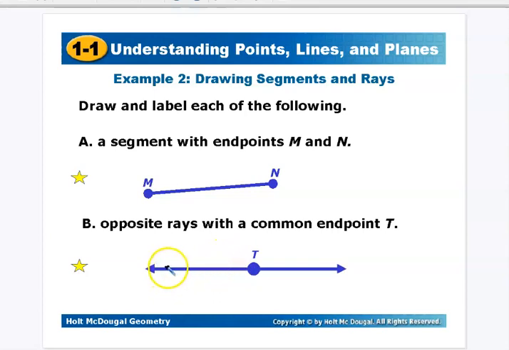Now some of you may have labeled a second point here that those opposite rays go through, maybe R and maybe S. That would be okay, either one.